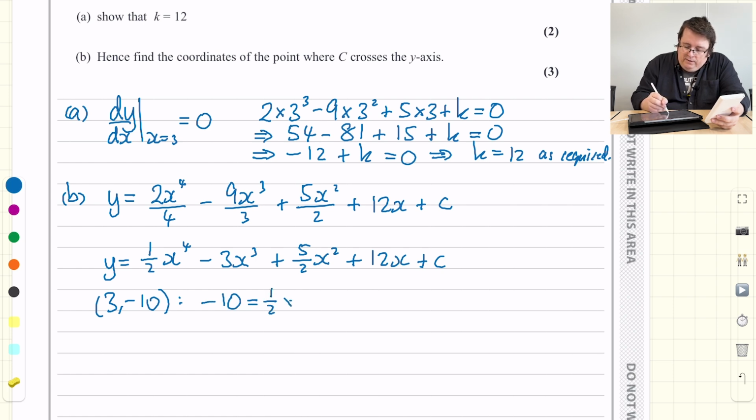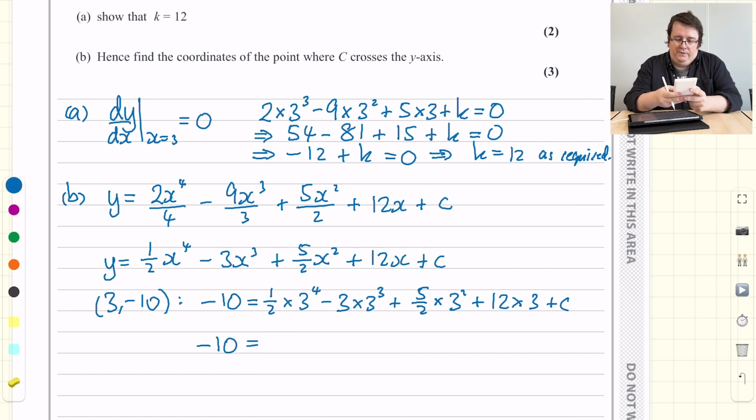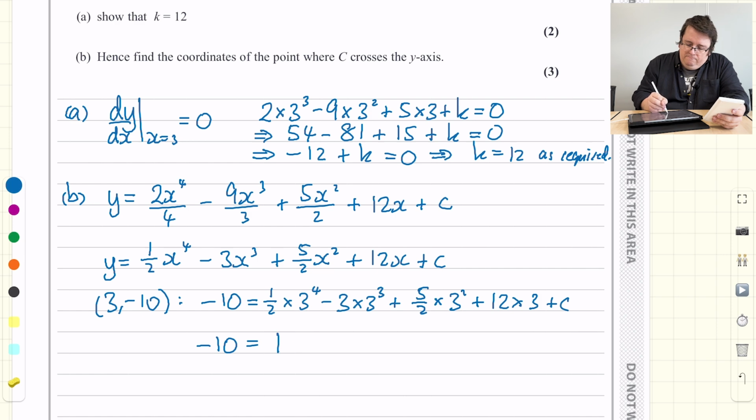So 1/2 times 3 to the 4, take away 3 times 3 cubed, plus 5/2 times 3 squared, plus 12 lots of 3, plus c. That's 18, plus c, and so c must be minus 28, subtracting 18 from both sides.